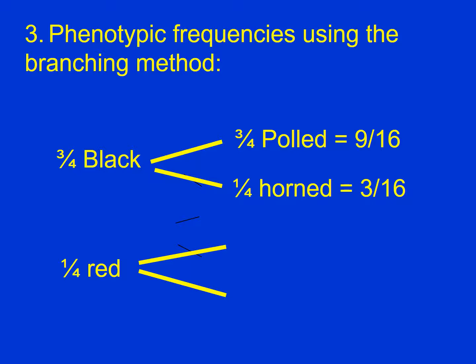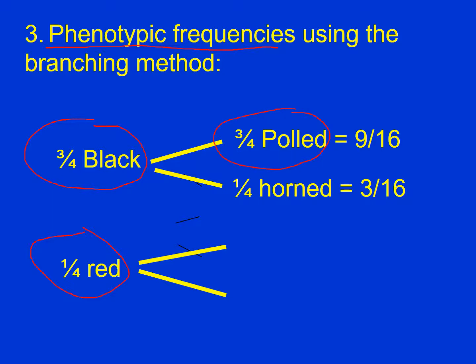Rather than having interest in genotypic frequencies, you might be more interested, and many times we are interested in, what are the expected phenotypic frequencies. So we know from our Punnett square that 3/4 are going to be black, 1/4 are going to be red. Of the black ones, 3/4 expected to be polled.